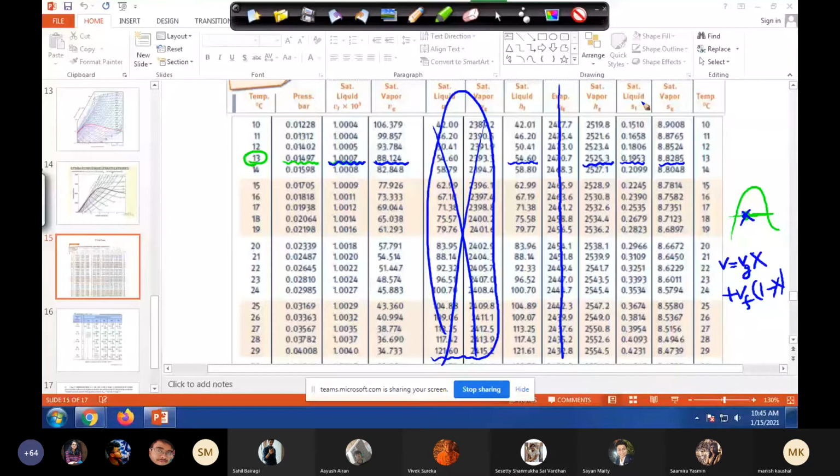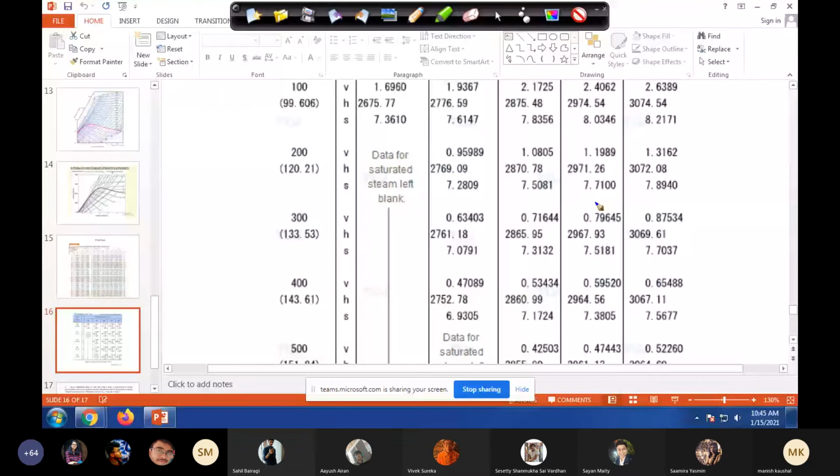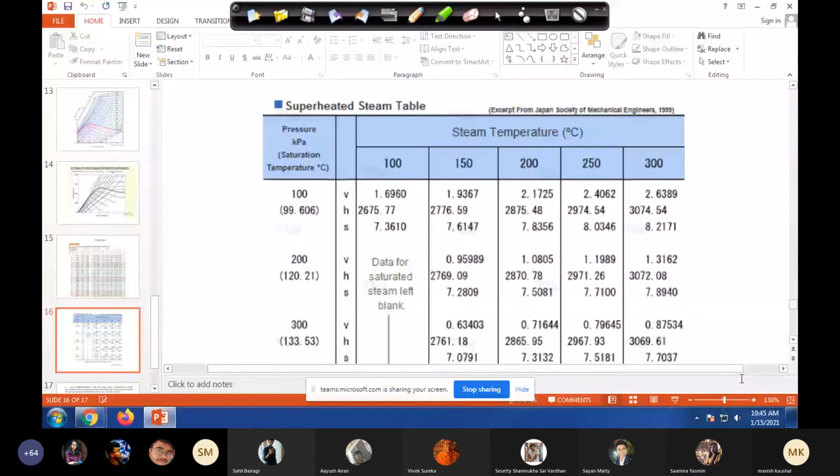There is another way to represent the same diagram, and I'll show you that. Yes, so this is also a steam table. And here how do we represent it? We represent it like this. Here, first pressure is given.